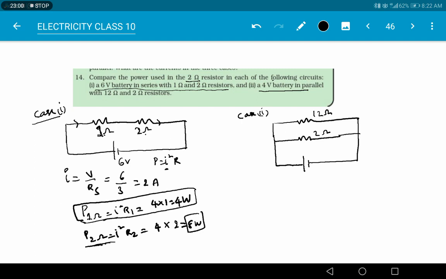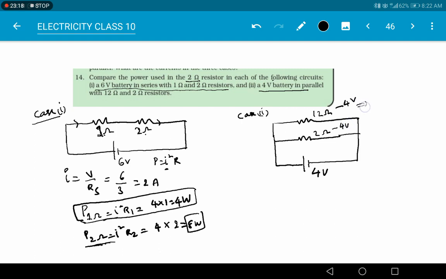Next, let us check this. In parallel combination, this is connected to 4 volt. So across this 12 ohm also, the same voltage, and across this also the same voltage.